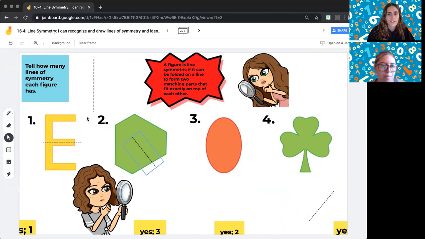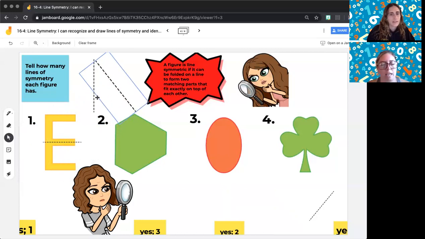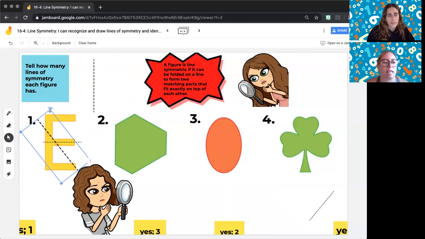Let's check the diagonal. I'm trying to put the line into the middle of the shape. That way we can see. Just going to make it a little bigger here. But I don't think so. No, because if you were to take that bottom left corner of the E and fold it to the top right corner, it's not going to be the same.